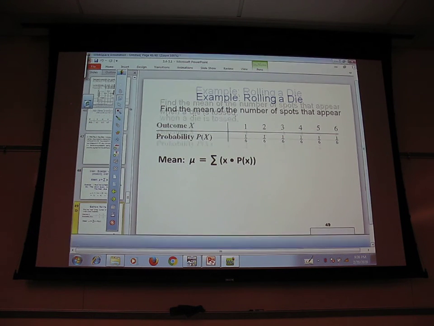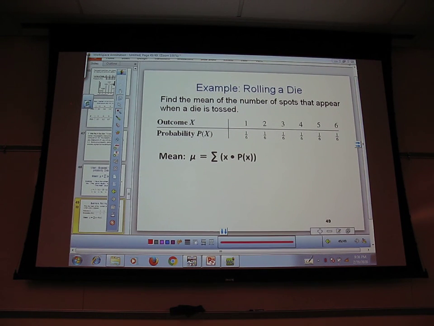Here's another example, rolling a die. Here are all the possible outcomes for rolling a die and their probabilities, which I showed you earlier.